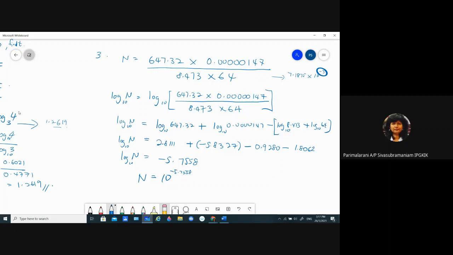Can you find this in your calculator directly? I think you can. Is it 1.7547 times 10 to the power of negative 6? Yes. Okay, so this is your answer.